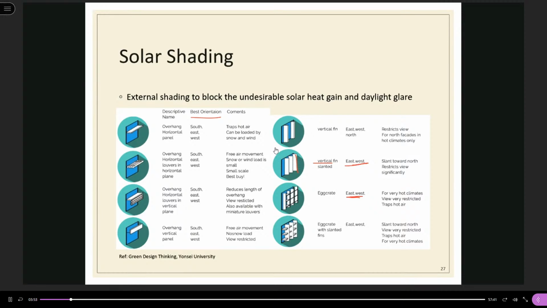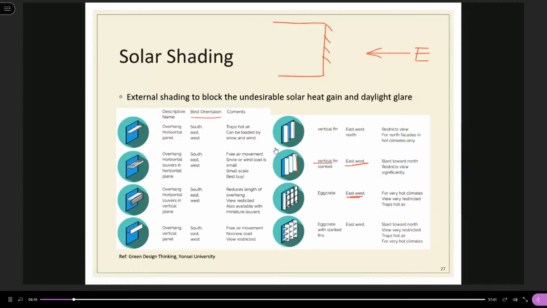This is the top view, and this is the east direction. If you want to block the sunlight coming from the east, then maybe you can use vertical fins like this.